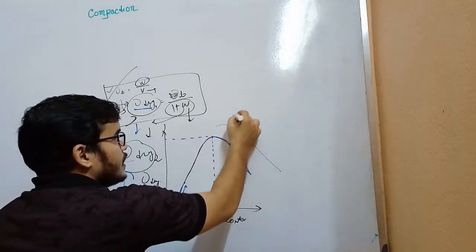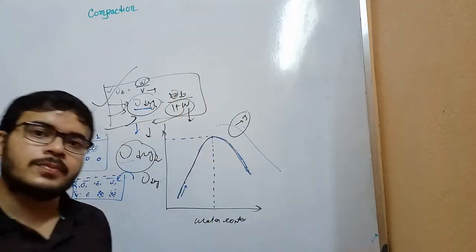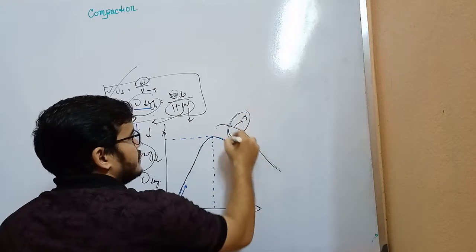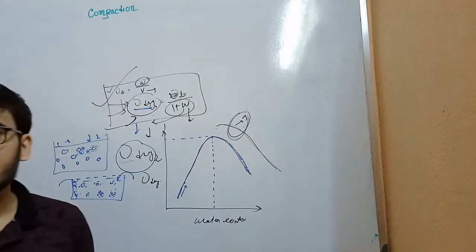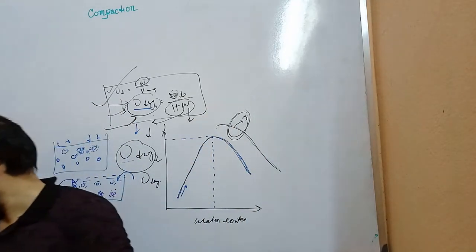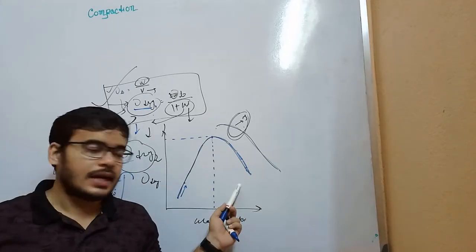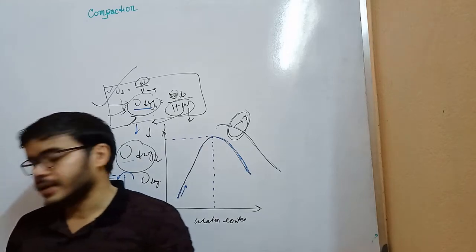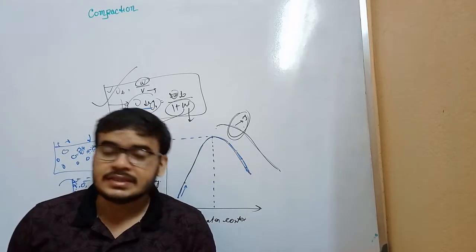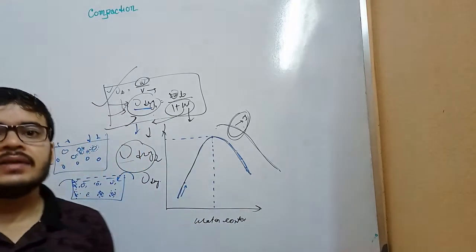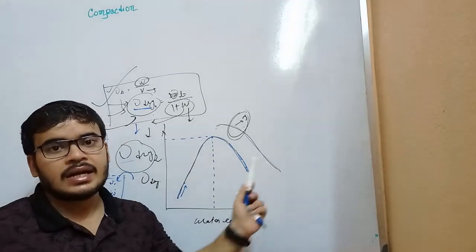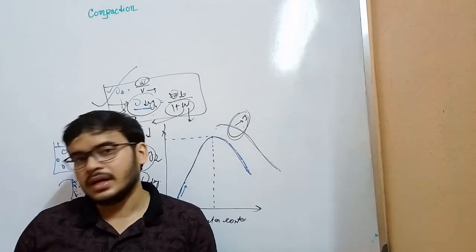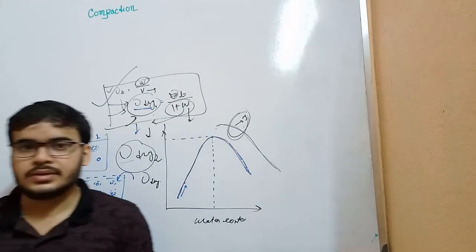But if we could remove all the air from the soil, we would get a curve like this, which is the theoretical gamma dry value. And this line we can also call the 0% air void line or 100% saturation line. 0% air void means no air present, and 100% saturation means the void is filled with only water, no air.